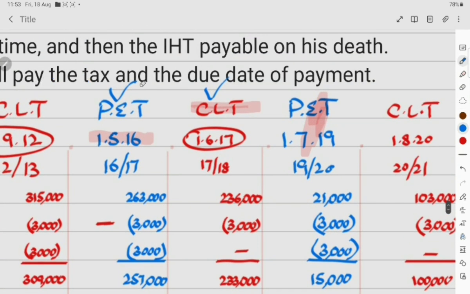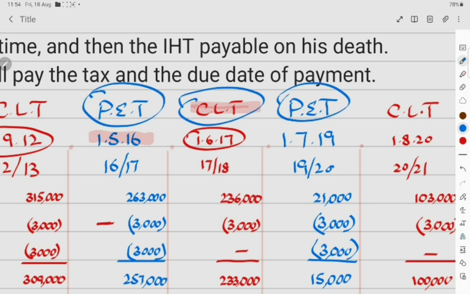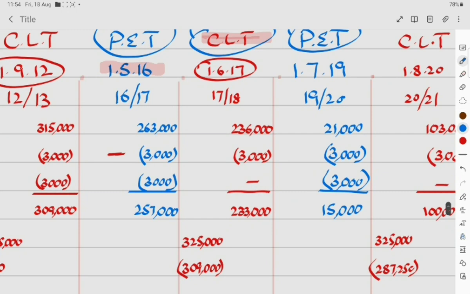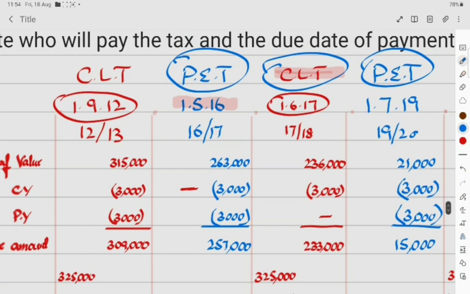From 1st August 13 onwards, we have made these gifts. This one, potential exempt transfer, this one, chargeable lifetime transfer, and this one. And in these three gifts, how much amount of nil rate band has already been utilized? It is to be calculated by subtracting the nil rate band utilized in this first gift and adding the nil rate band that is to be applied in this gift.